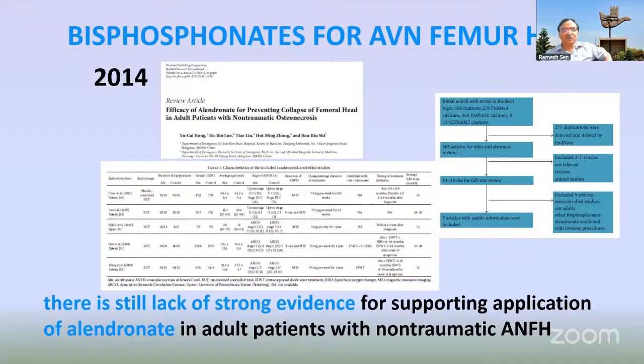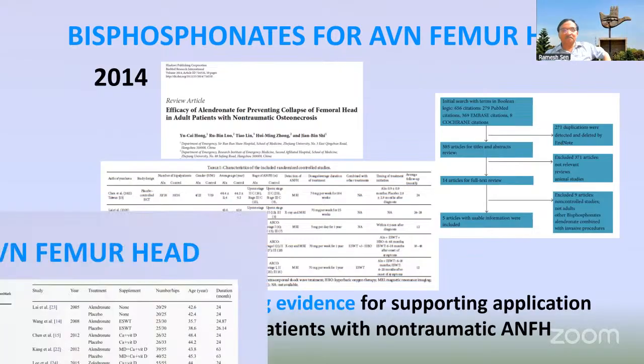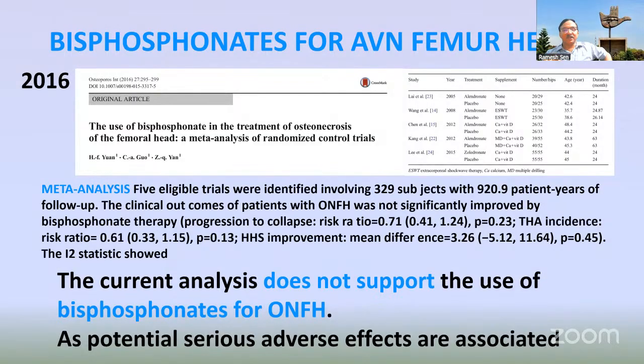And when they excluded Sanjay Agarwal, what they concluded was a lack of strong evidence for supporting the use of alendronate in the adult population. Then another review, a randomized control meta-analysis, came in 2016. They were clear that this meta-analysis does not support the use of bisphosphonates for this.